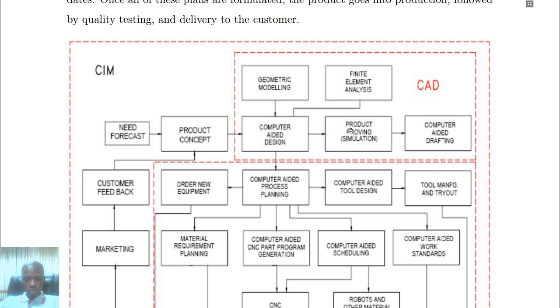Right, you can do simulation in the product, and it's still in the computer aided design environment. You can do simulation, for instance, if you are manufacturing a machine, right? You are making a whole complex machine, and this is made up of different parts.